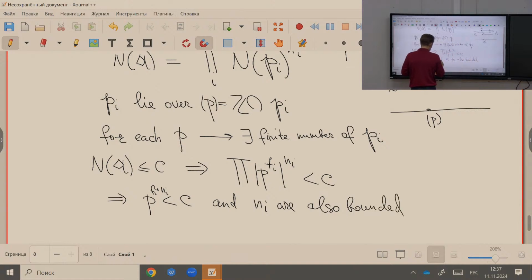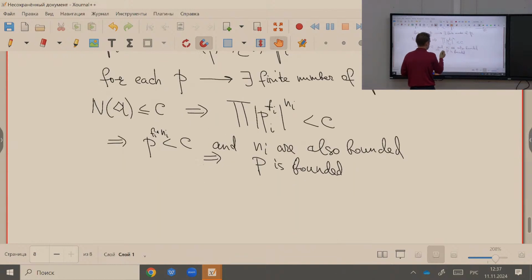So the corresponding prime numbers are bounded and the n_i are bounded.